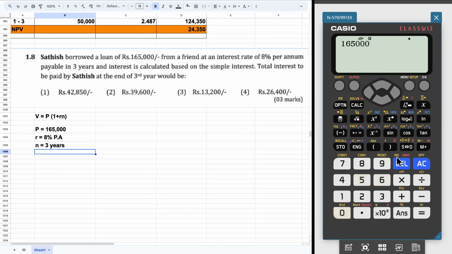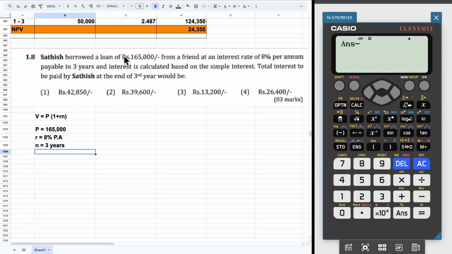165,000, open the bracket, 1 plus R, which is 0.08 because it is 8%, into 3 years. Close the bracket. You're going to have this amount. This is the total value after 3 years.